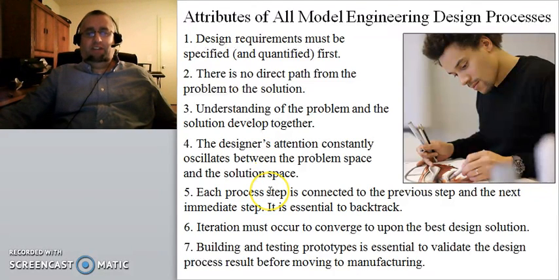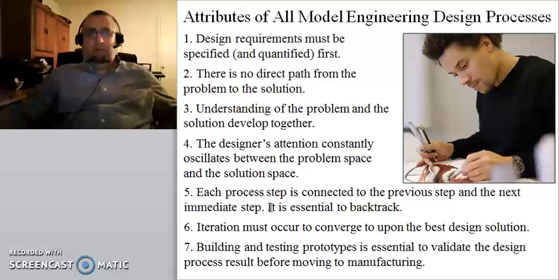Number 5 is each process step is connected to a previous step and a next immediate step. So that was those arrows that we saw in the first model that connect all the steps to one another. None of the steps are orphaned or isolated out on their own. They're all interconnected, but it is of course essential to be comfortable with backtracking through the process. Number 6 is that iteration must occur to converge upon the best design solution.